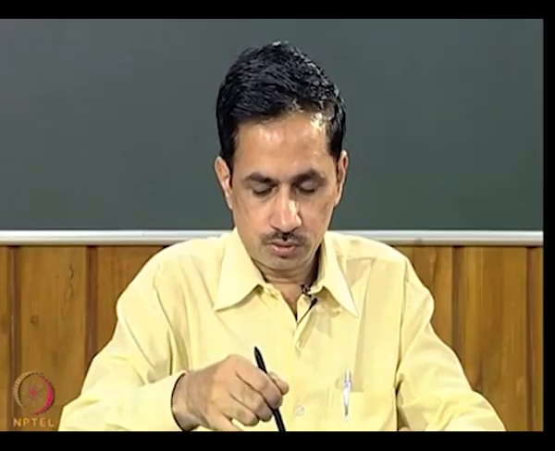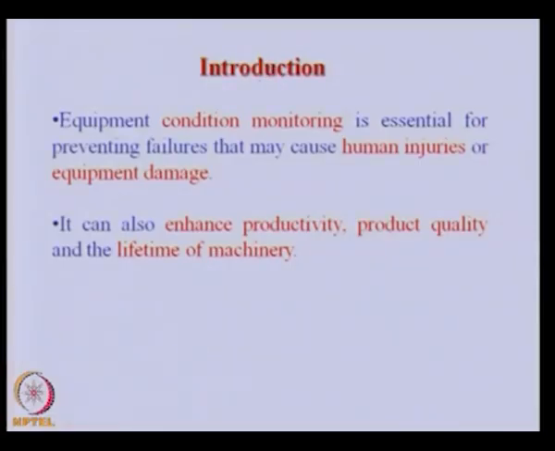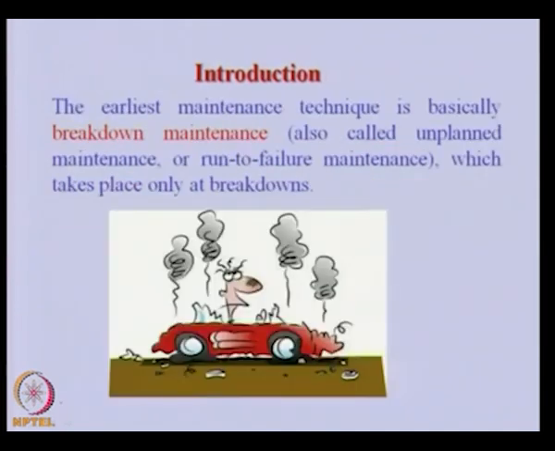So, to introduce this particular subject, equipment condition monitoring essentially prevents failures that may cause human injury or equipment damage. Obviously, it can also enhance productivity if we are maintaining the machine properly. Product quality will be good, and the life of the machinery will be more. This is the breakdown maintenance.